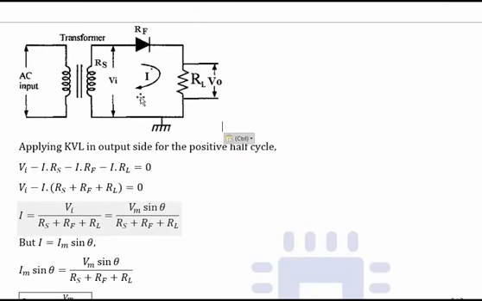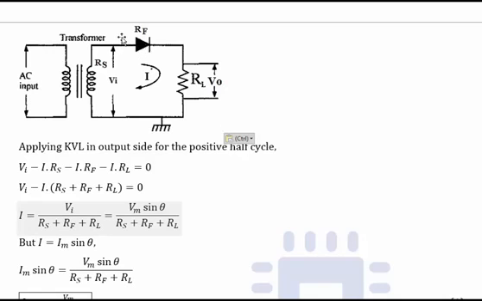We first have to know the rules of KVL. We can apply KVL either in the clockwise direction or the anti-clockwise direction. Both are possible and the result will be the same. The second rule is that when we apply KVL, we will reach RF, which is actually the internal resistance of the diode, the forward resistance of the diode.